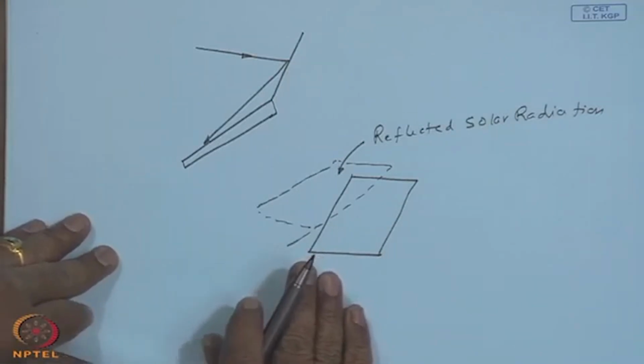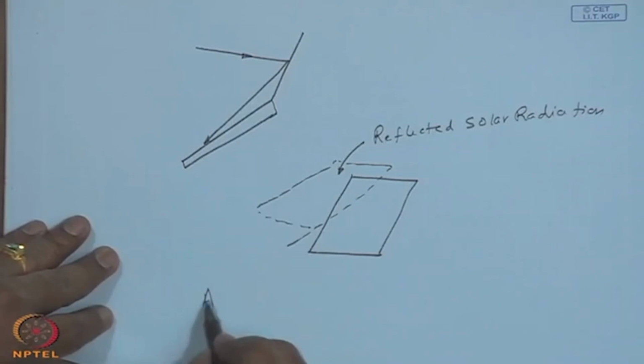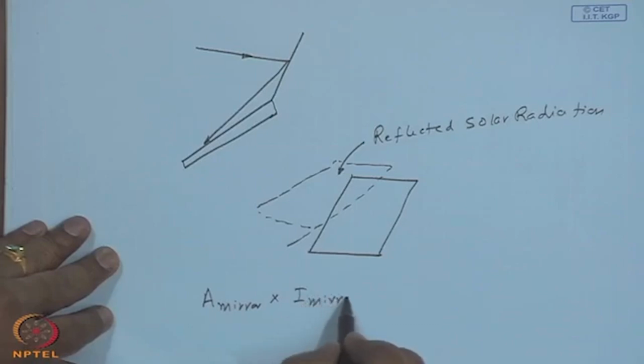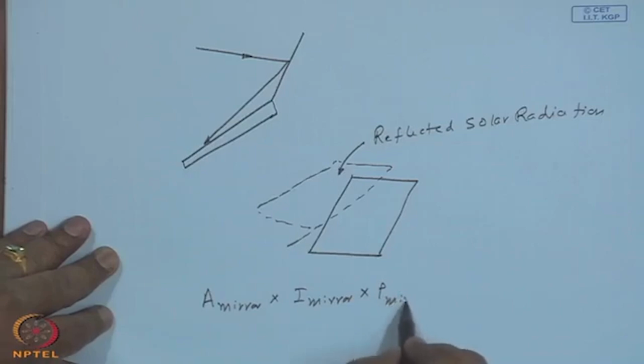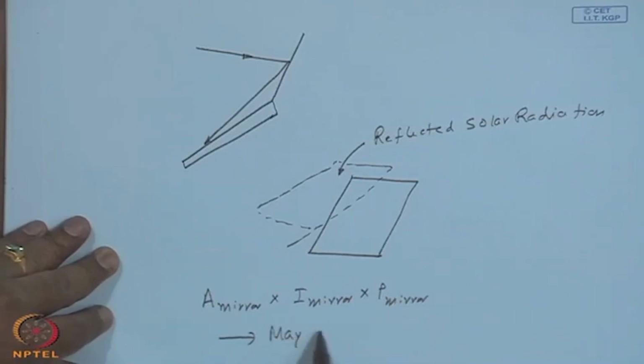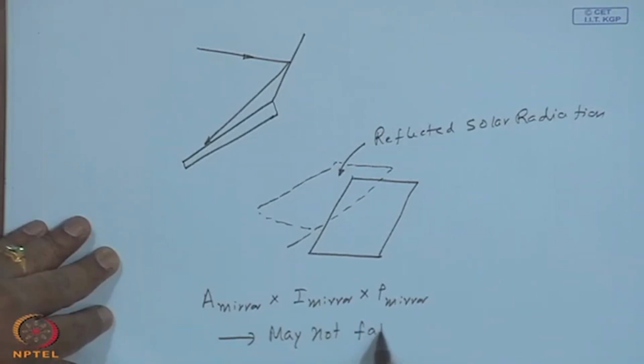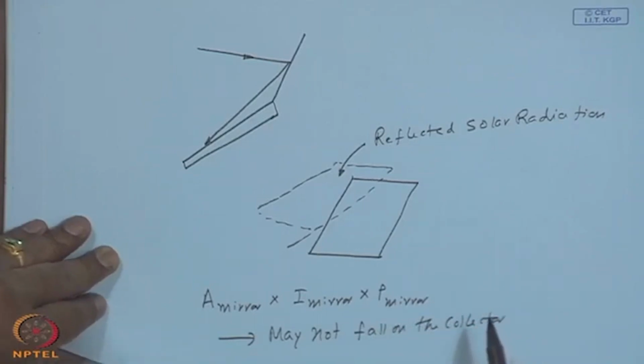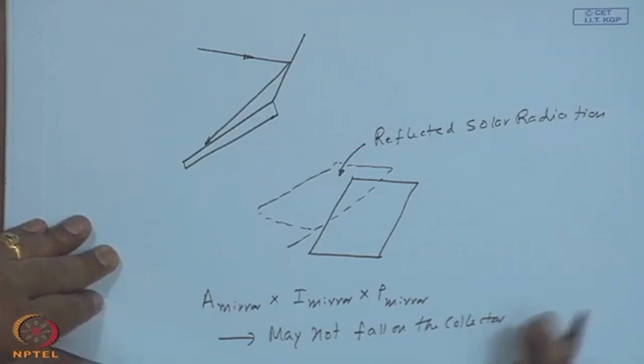So, if there is a area A mirror multiplied by I mirror multiplied by rho mirror, it may not, in general shall not, so this will be a useful technique at a particular time period.